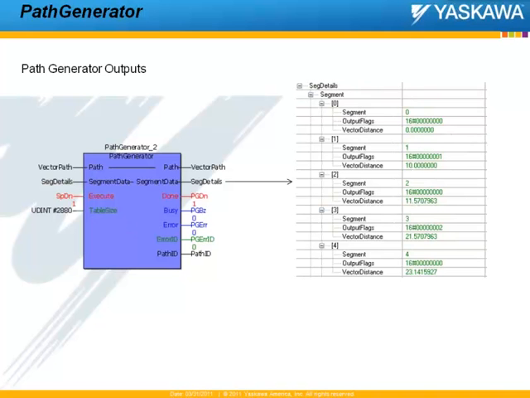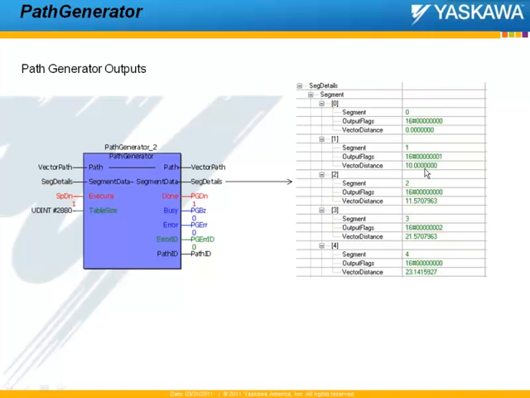You start from array element 1, and you have 4 segments there. So it basically gives you all the details about what segment. First of all, you have the segment number, you have the output D word that has been set, and also the distance that the virtual master has to travel so that the first segment can be completed.